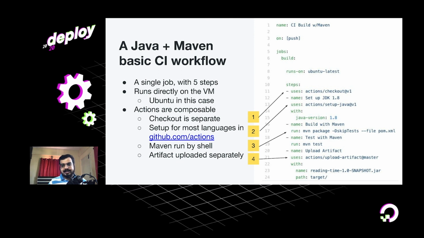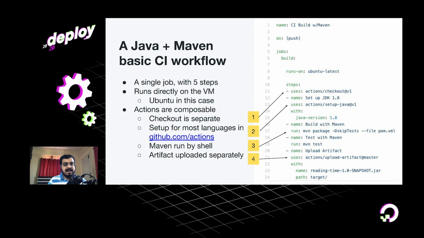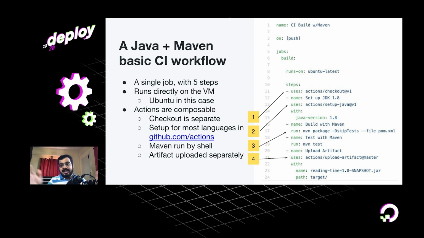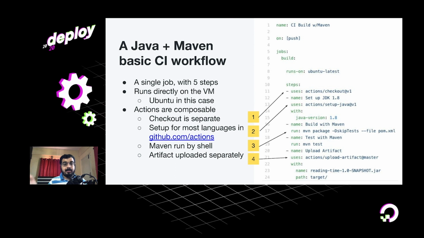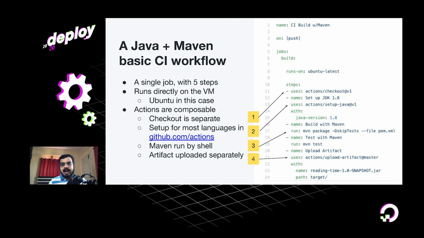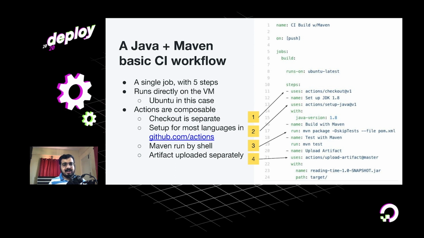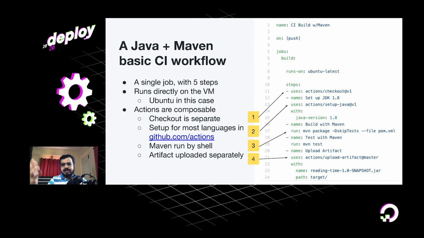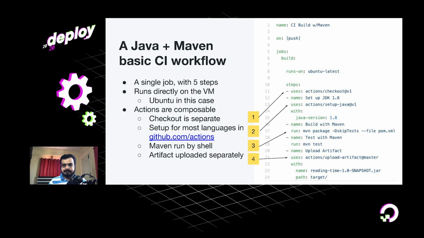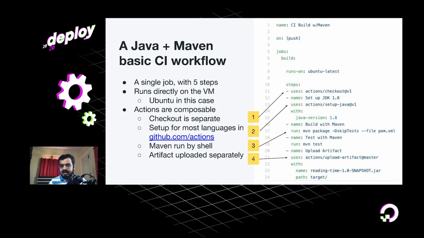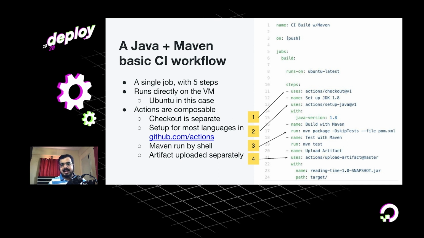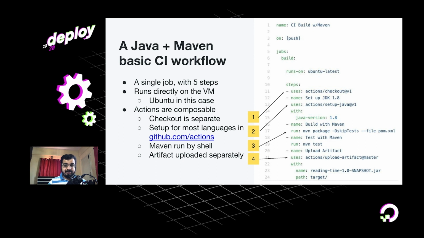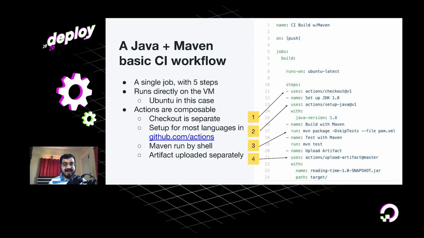The first action is checkout, which basically checks out the files from within whatever triggered that workflow. And then there is a setup action, so you can quickly get started with various different languages or frameworks on actions. And Maven is run by a shell command, and you can see that the artifact is uploaded separately through the upload artifact action.